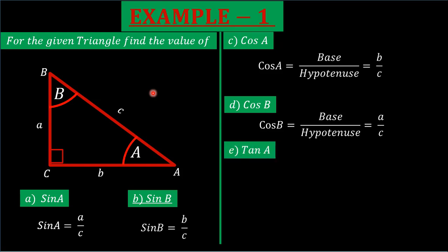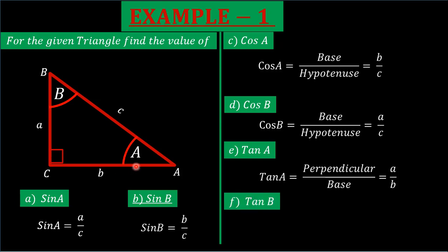And if you consider the tan of the angle A, it will be equal to a over b, which is the perpendicular a and the base b. However, if you change the angle, meaning if you need to find the tan of the angle B, students, you have to consider b as your perpendicular, which is the side opposite to the angle B, and you have to consider a as your base, as it is the side between the angle and the right angle.